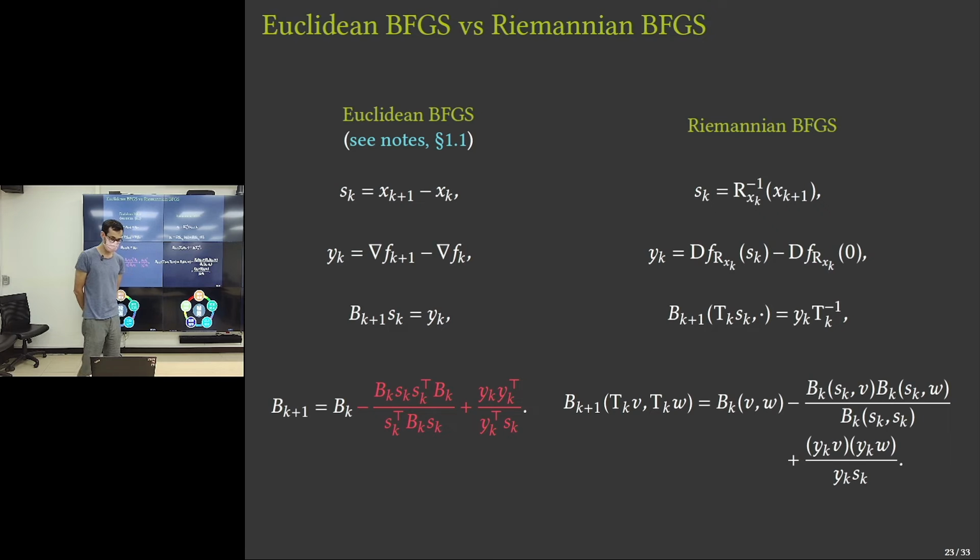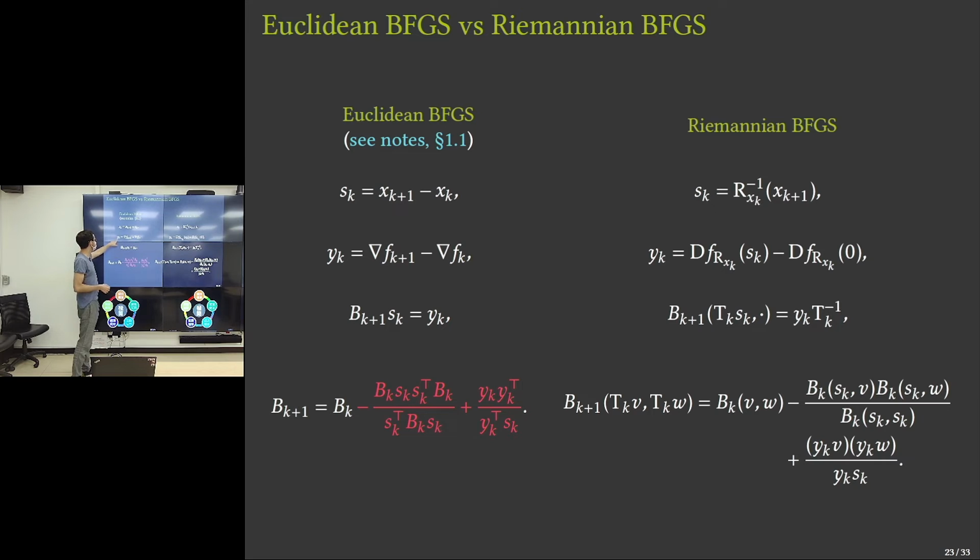So let's see a quick comparison between the Euclidean, the classical BFGS that you have in the notes that I sent you, and the Riemannian one. Here you have the difference between successive iterates, and here it's the analog of the difference. So it is the inverse retraction at xk of xk plus 1. It gives you a tangent vector, lifted to the tangent space.